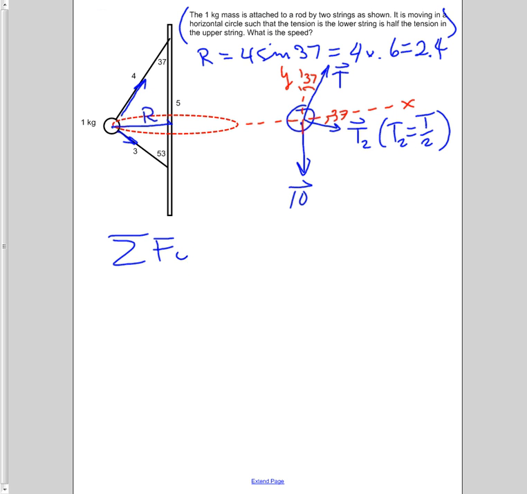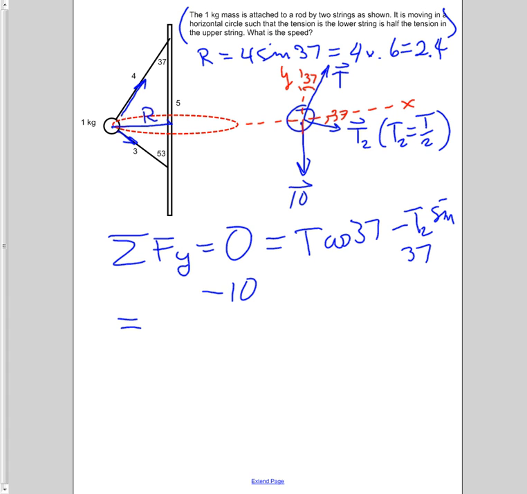So the sum of the forces in the y direction is equal to 0. There is no acceleration in the y direction. And so that's equal to T times the cosine of 37 minus T2 times the sine of 37 minus 10. And that's equal to T times 0.8 minus T over 2, that's what T2 is, times the sine of 37, which is 0.6, minus 10.